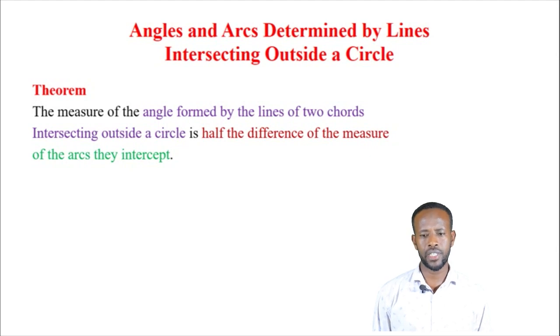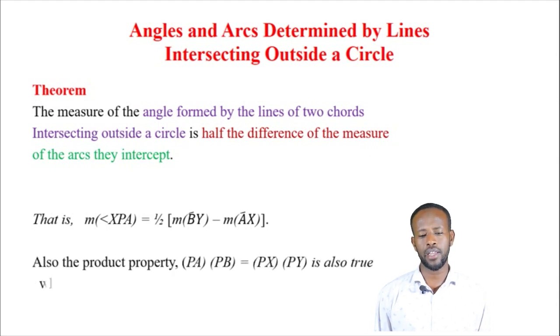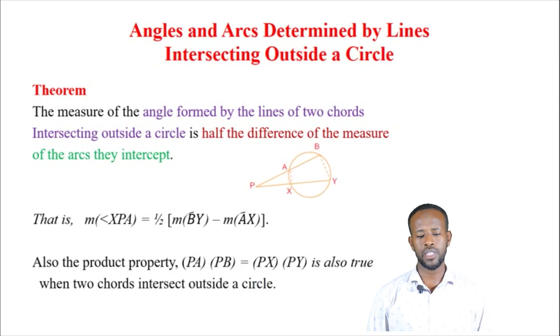That means if we look at the figure, the measure of angle XBA is equal to half of the measure of arc BY minus half of arc AX. Here there are two chords, AB and XY. Both of them intersect at the point B, which is outside the circle.